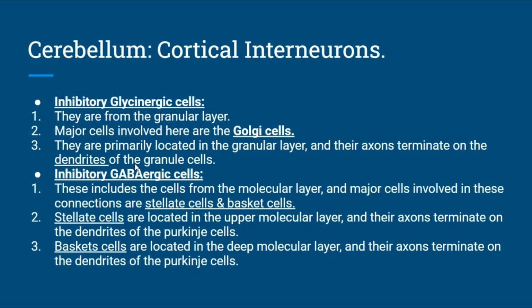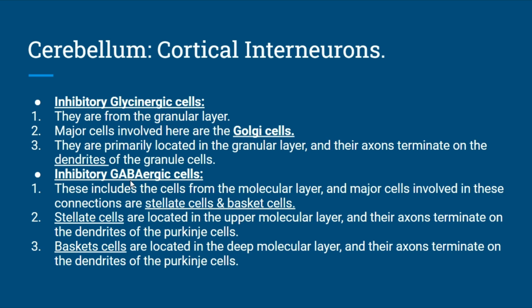The second one is the inhibitory GABAergic cells. These include the cells from the molecular layer, and the major cells involved in these connections are the stellate cells and the basket cells. The molecular layer, if you remember, is the outermost layer. The stellate cells are located in the upper molecular layer, and their axons terminate on the dendrites of the Purkinje cells.